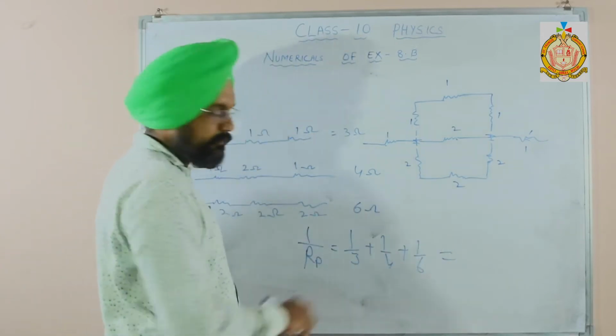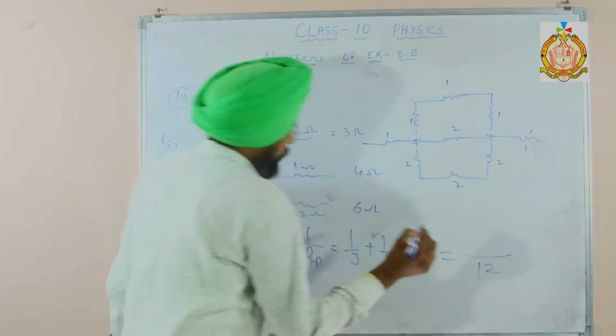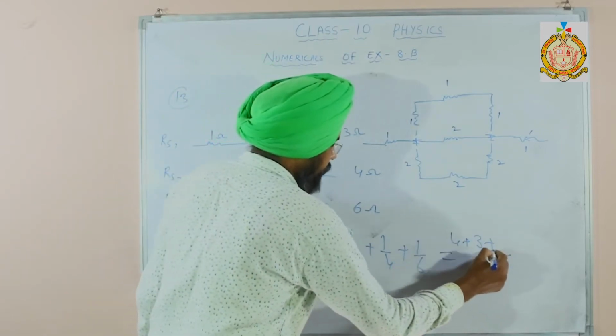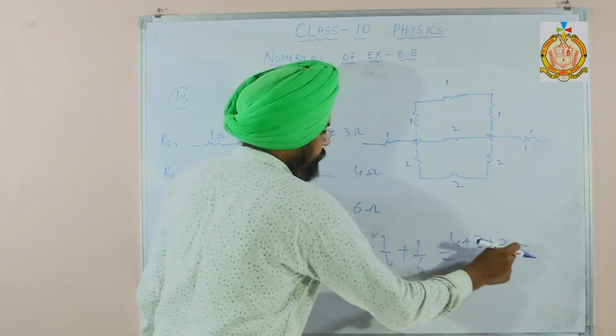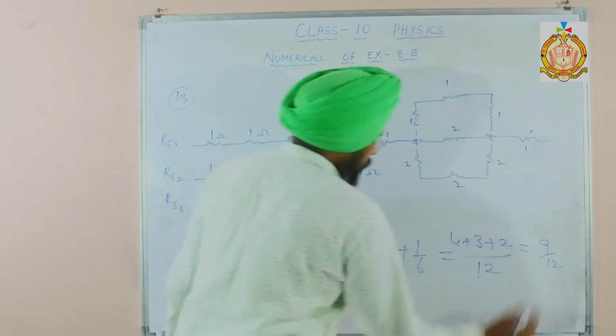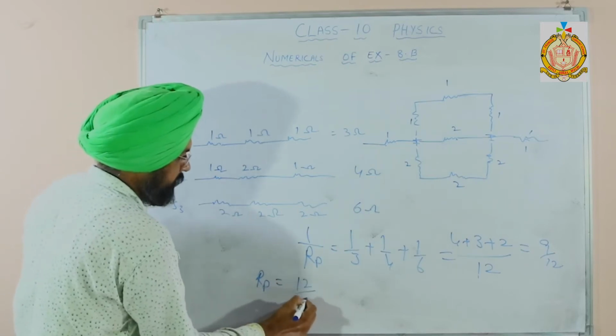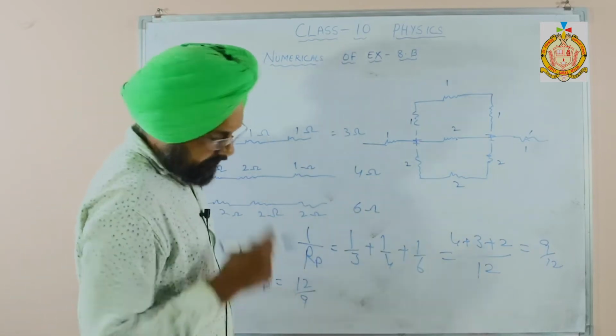Take the LCM. LCM will be 12. Now it comes 4 plus 3 plus 2, 7 plus 2, 9 upon 12.